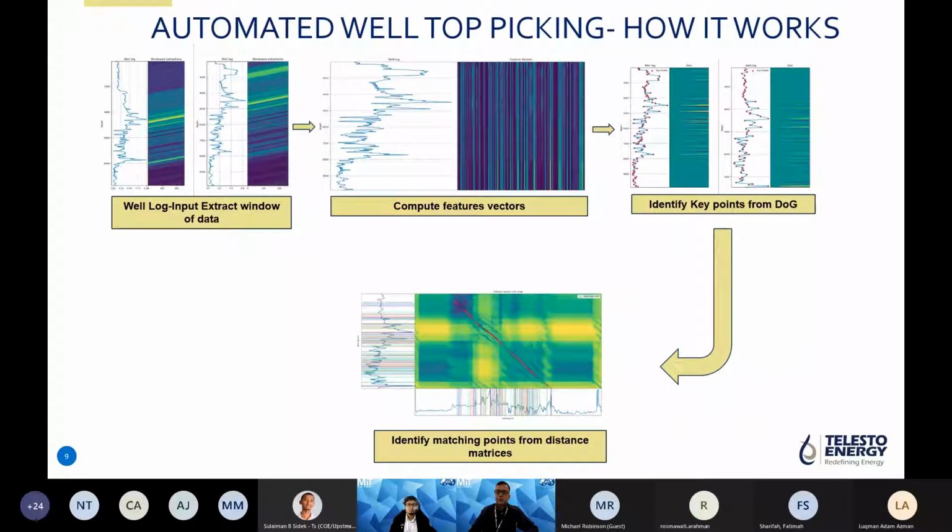In the third step, the key points are identified based on the difference of Gaussian, and these are plotted on a feature vector map. Now what you see at the bottom is that it has identified multiple peaks and compared them with well log peaks from a different well. And you can also see a red curve indicating there is a reasonably good correlation and the data fitting and matching is fine.